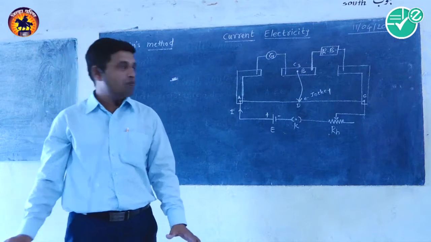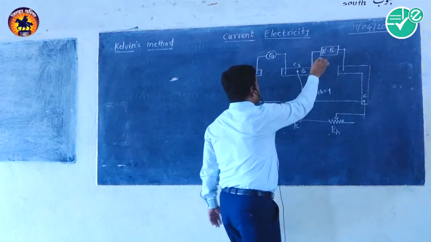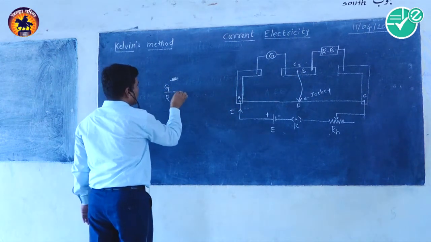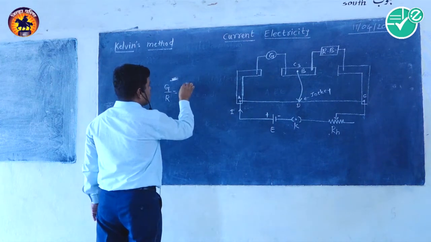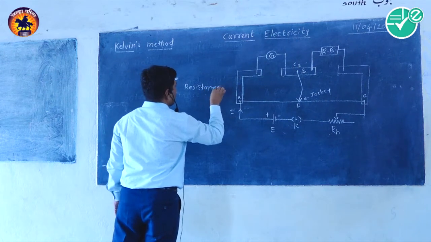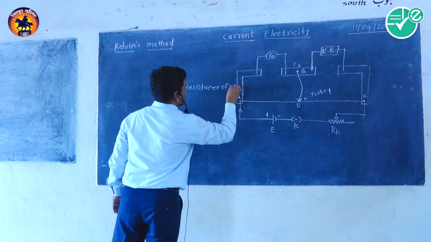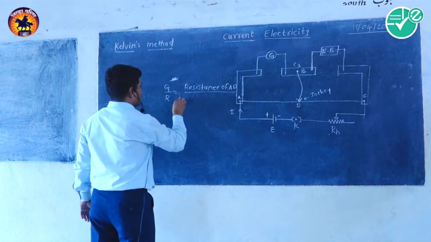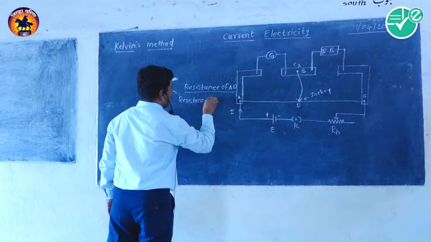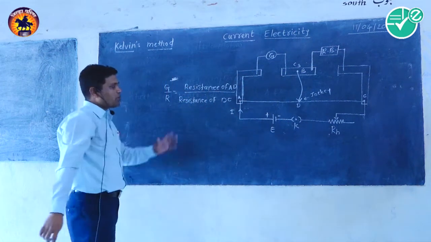Means the ratio of G upon R, suppose this resistance we have taken as R, at this point D, the ratio of G by R is equal to the resistance of AD divided by the resistance of DC. This ratio becomes equal.